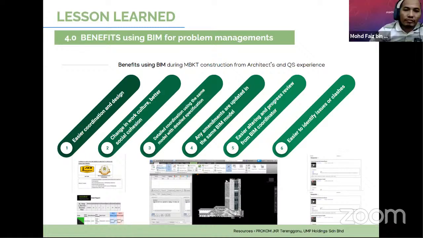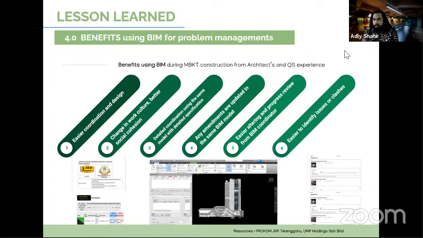It shows clearly what issues derive during the latter stage, and it is easier to show the client what BIM is all about. It's about implementing new ways and new ideas to people who aren't familiar with this system. So I think that's all from our group. Thank you very much.